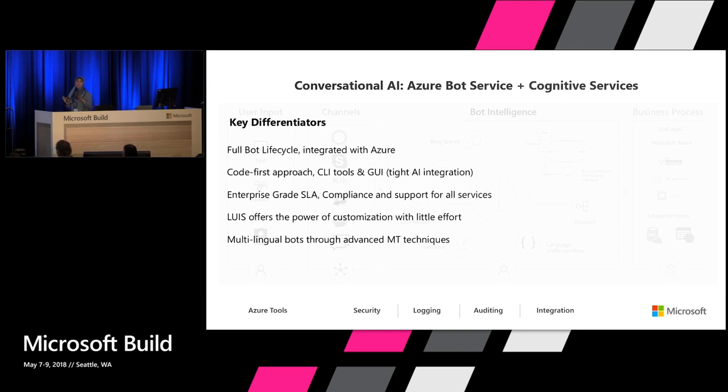These are the key differentiators for our conversational AI offering within Microsoft. We're offering a full bot life cycle integrated with Azure, as I mentioned. So we offer a code-first approach, ranging from the SDK, like the Bot Framework SDK v3 and the v4 that is in preview now, as well as a bunch of command line tools that we announced at Build this year, to help you manage your bot assets easily in one place, as well as the UI interface, the easy portal in LUIS and QnA Maker and other cognitive services that can help you build your custom models in a very easy way, even without having a lot of background in machine learning.